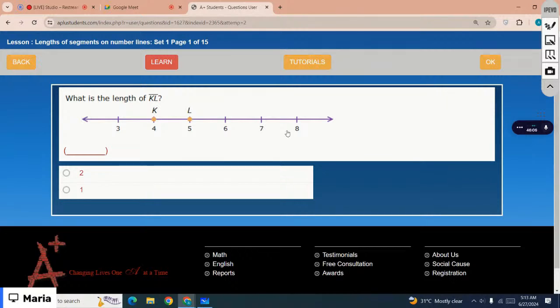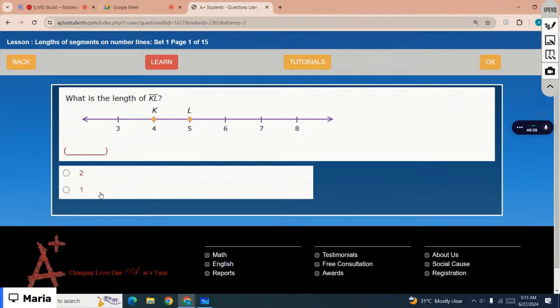What is the length of KL, which is the correct option? The correct option is 1, right?